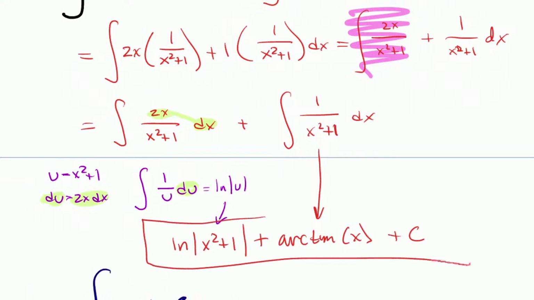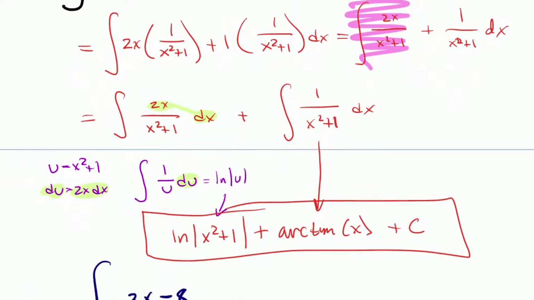Boom. I'm sure that you can see how much joy we're going to have tomorrow when we actually combine this with partial fractions. This is just the warm-up. Okay, it's going to be okay.